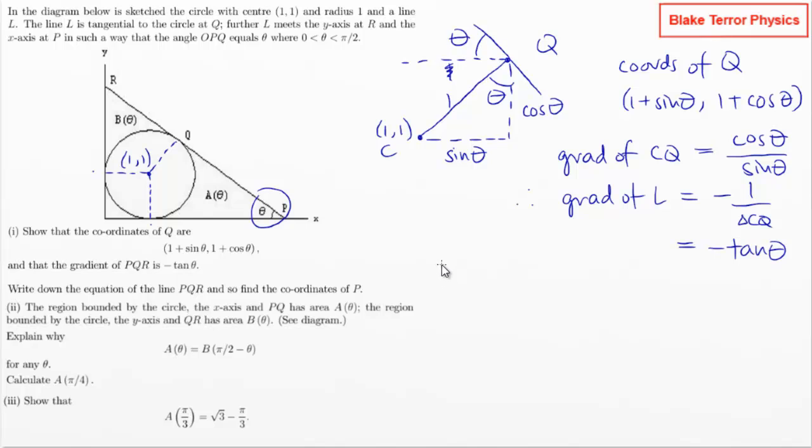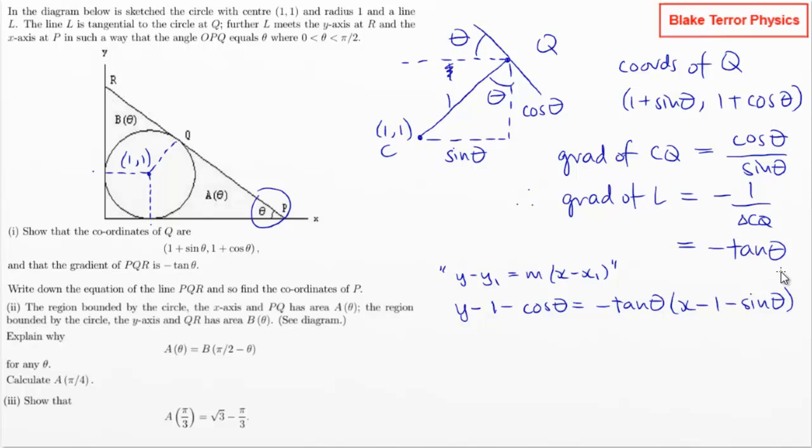So we've got y minus (1 plus cos theta) equals minus tan theta times (x minus (1 plus sine theta)).